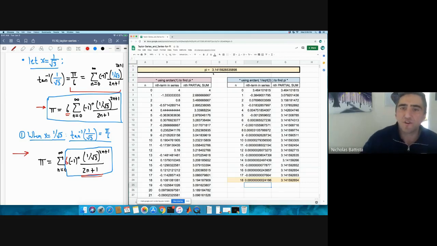Whereas the previous first example, where we let x equal 1, it took us almost 1,000 terms, and we're just getting 3.14. I also hope that this was a nice exercise in helping you use Google Sheets to compute infinite sums.